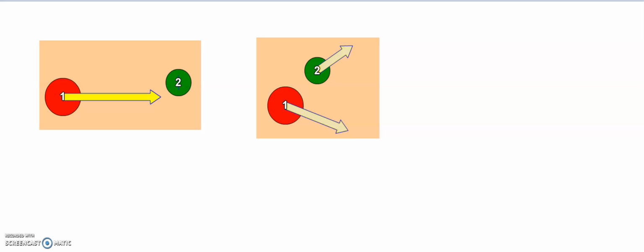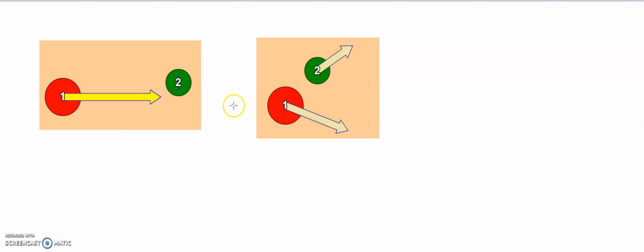So here we have a couple of screenshots of the animation I just showed you. Here we have the initial situation, and then this is afterwards when they were moving off after the collision. This yellow vector was the momentum before, and these two vectors represent momentum afterwards. Whether you're in a straight line or at an angle doesn't make a difference. Momentum before is supposed to equal momentum afterwards.